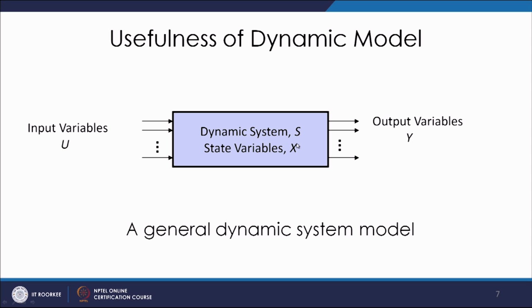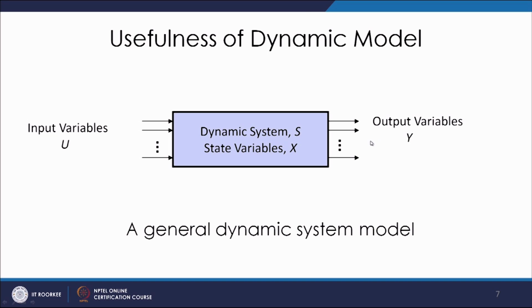Now, this dynamic system model is subjected to the input variables u. So, there is a set of input variables being sent into the dynamic system. When these input variables are passed through the dynamic system, we get the output variables y.